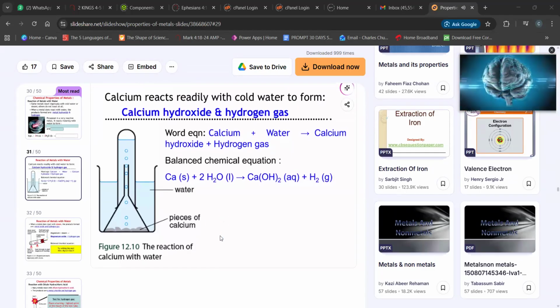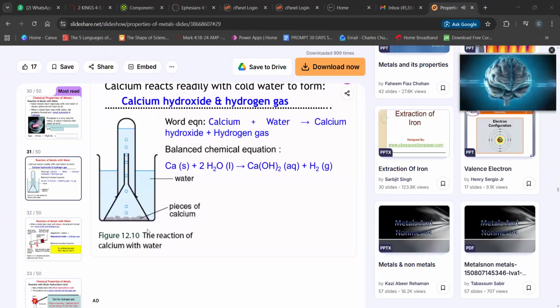That's a picture there showing you how the reaction happened. Pieces of calcium there in a funnel that's upturned, and then the water, they react in the water, and those bubbles that are forming there are the hydrogen coming out. Before you know it, you see that space above there will keep on increasing.